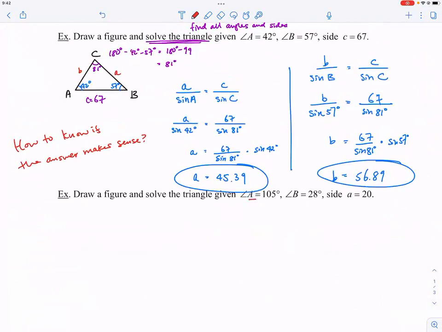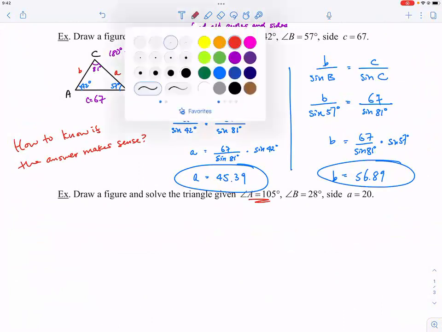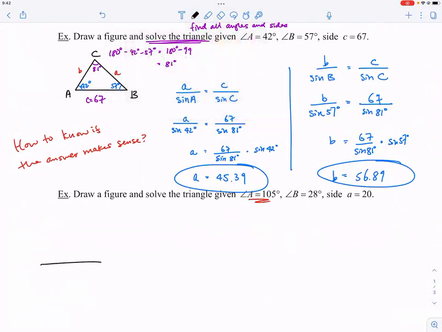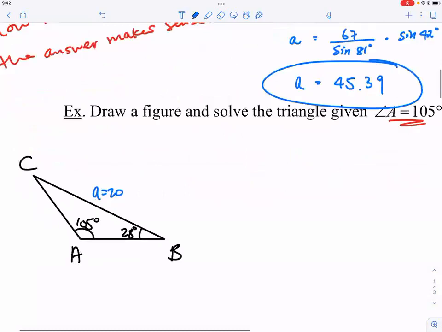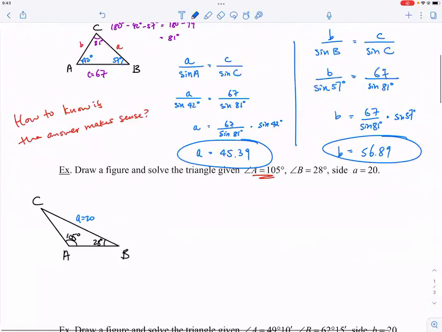Now, for the next one, we have a little obtuse angle here. So we can draw an obtuse angle for A, B, and C. The angle A is 105 degrees. Angle B is 28 degrees. And side A is 20. All right, so what can we conclude here?